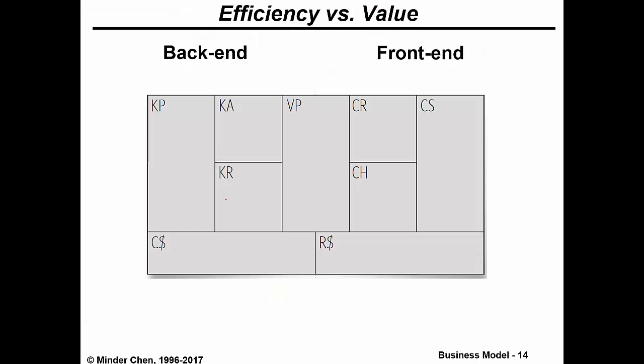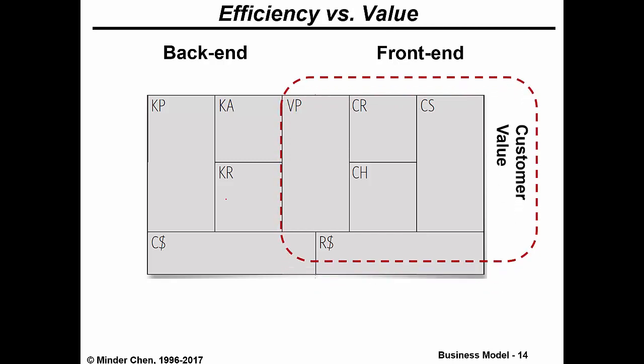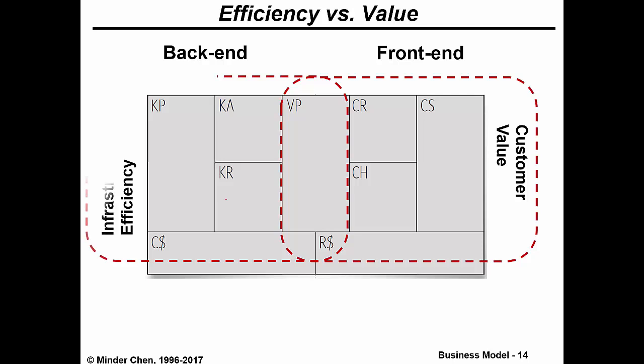So another way to look at the business model canvas is first this 9 building blocks. On the right-hand side is the customer side, where we focus on the value aspect. That's the front end. The left-hand side is the back end.